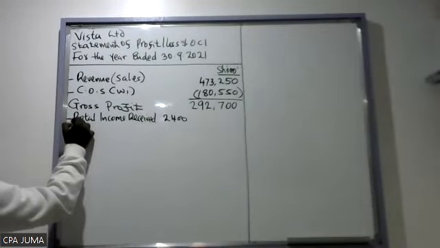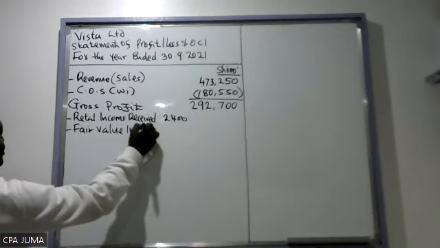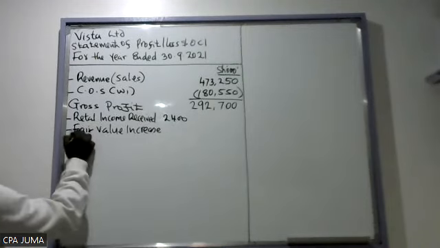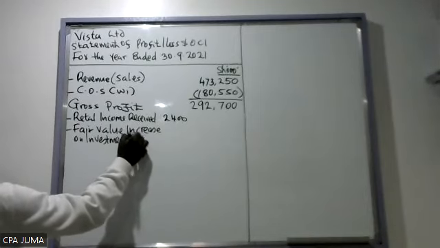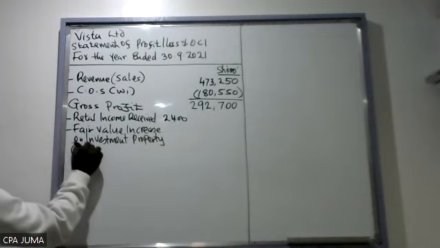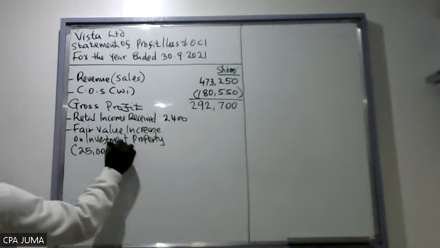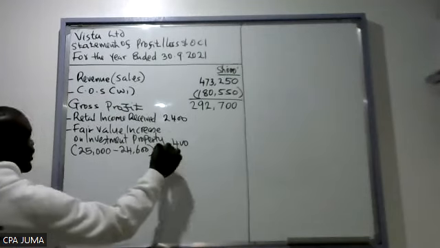So fair value increase on investment property. Investment property, 25,000 minus 24,600, that is 400.